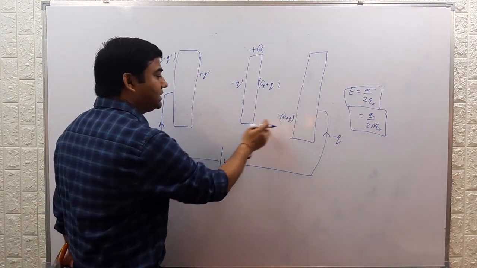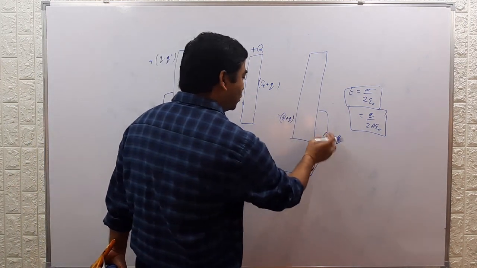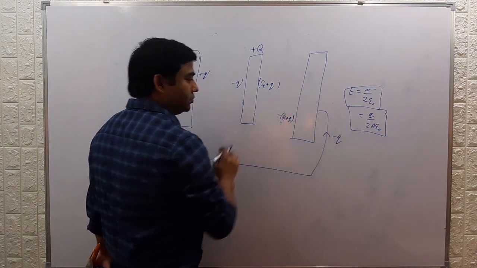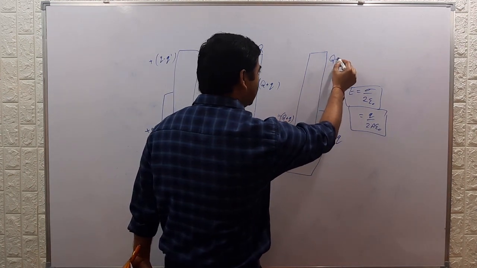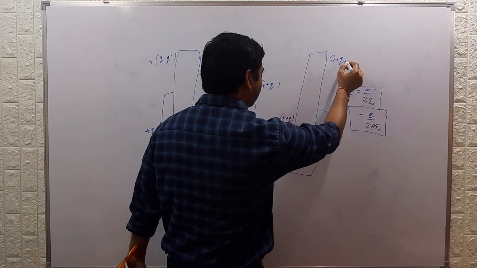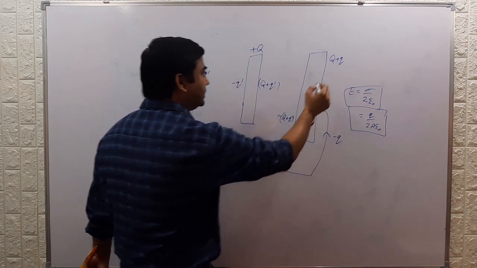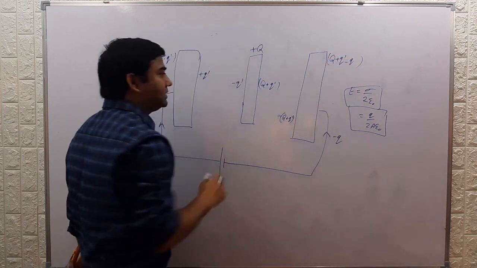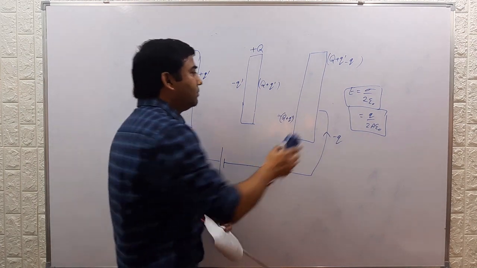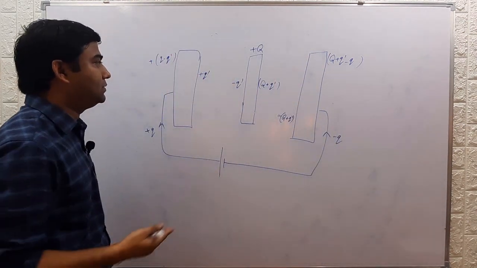Facing surface will always have equal and opposite charge by Gauss's law. As the total charge on this plate is minus Q, hence this surface will have Q plus small q. So this will be Q dash, this will be Q dash, and minus Q. At this face, the charge will be minus Q. So this is the equilibrium charge which we have assumed.